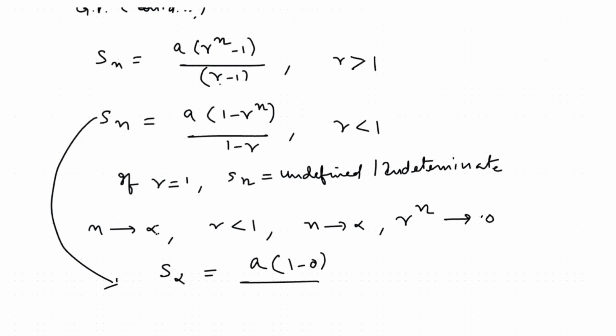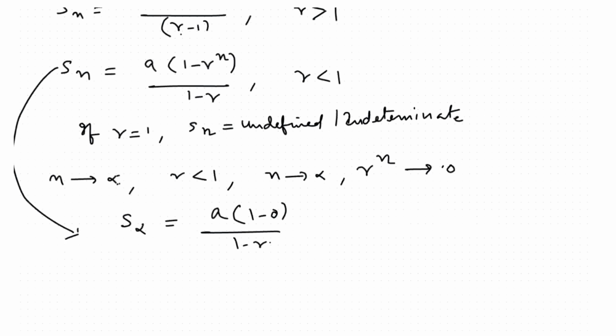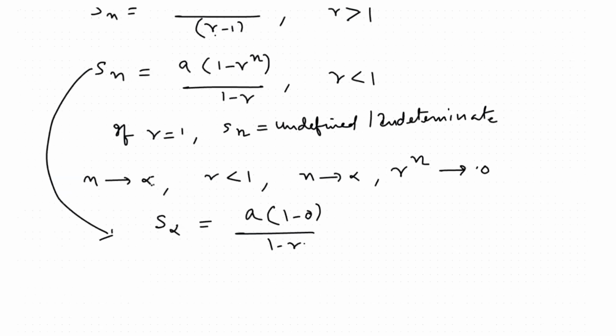Possibly many of you might get confused as to how r raised to the power n tends to 0. For that reason, take an example. Let us say r is equal to 1/5. So what will be r square? r square would be 1/5 into 1/5, that is 1/25. r cube would be 1/125.